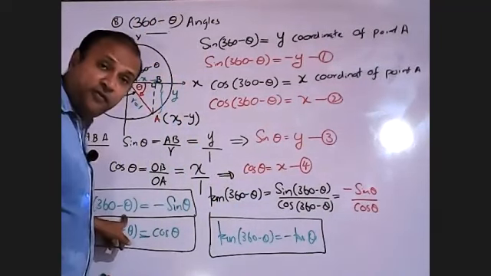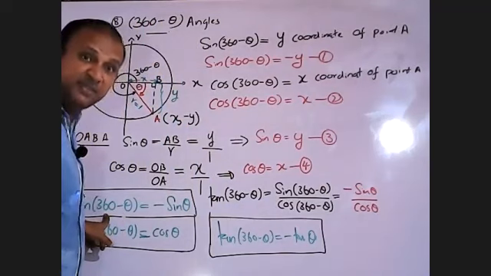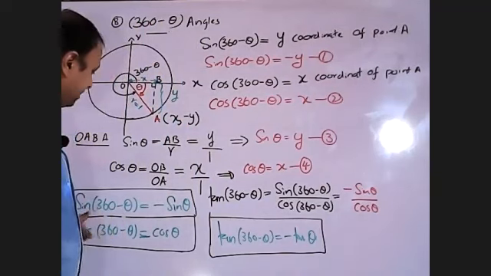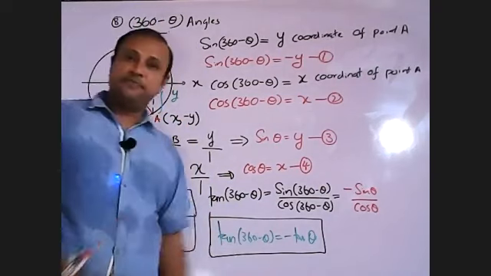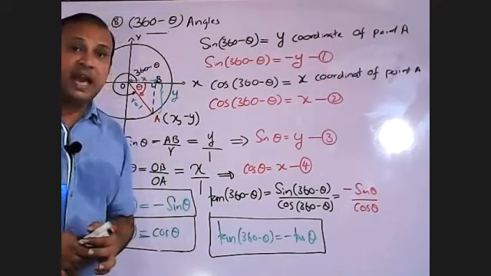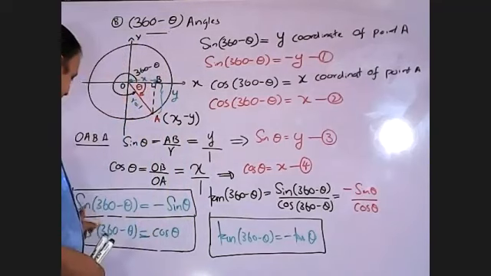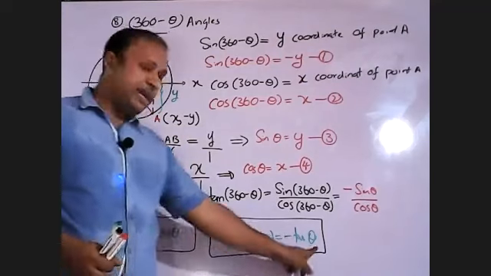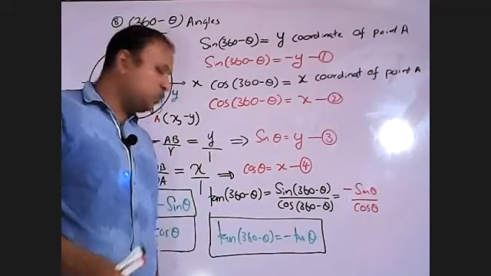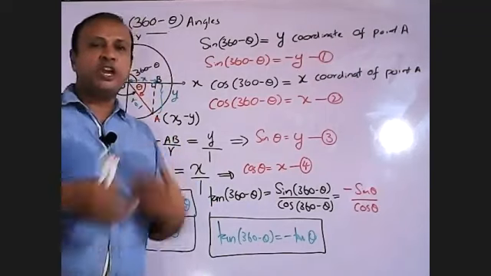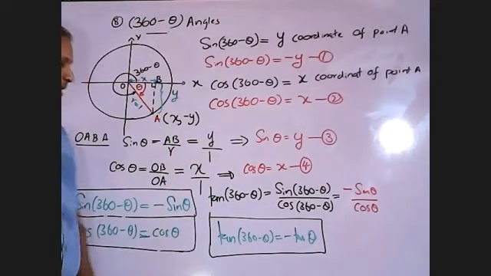But if this angle is combined with 360, sin remains the same, cos remains the same, tan remains the same. They do not change. Sin, cos, tan. But if they are joined with 270, they change. Sin becomes cos, cos becomes sin, tan becomes cot.